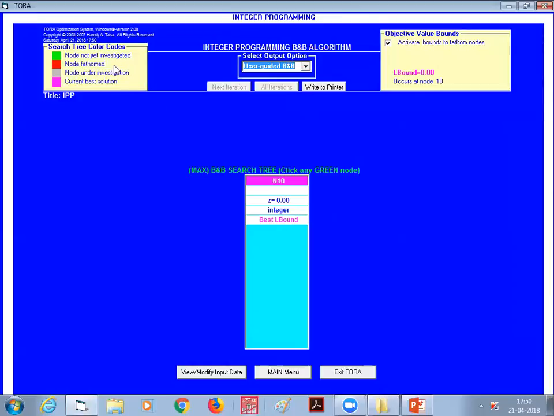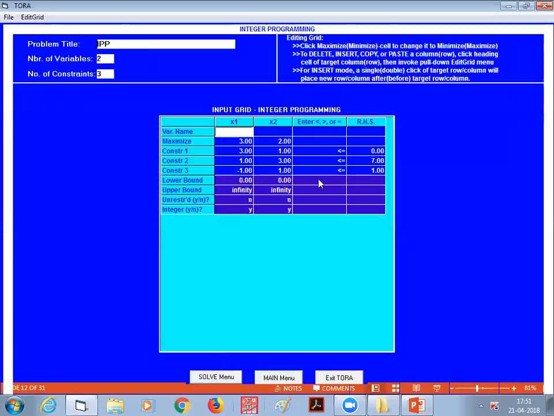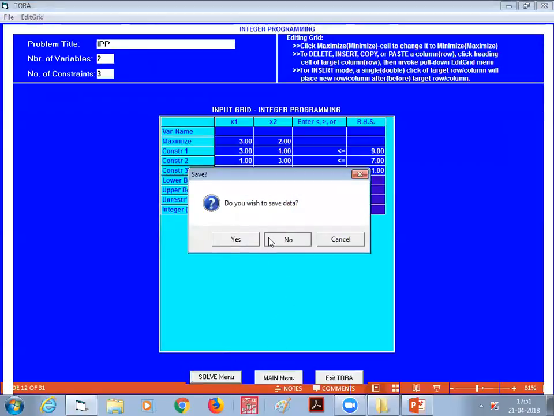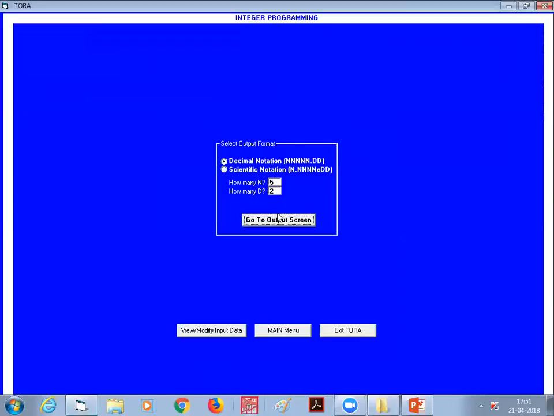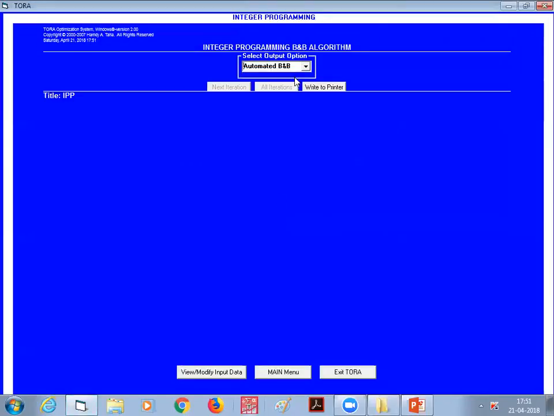Activate bounds on that. First put array. Oh, RHS 0, is it? I missed that, no wonder. Yes, thank you. Okay, so now save in data, solve the problem, and automate it.